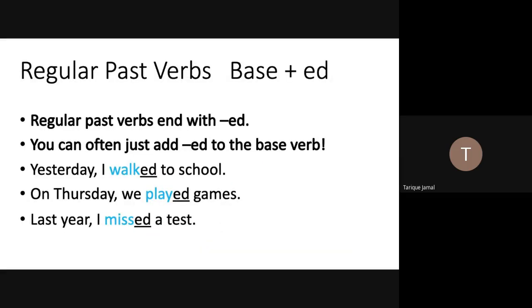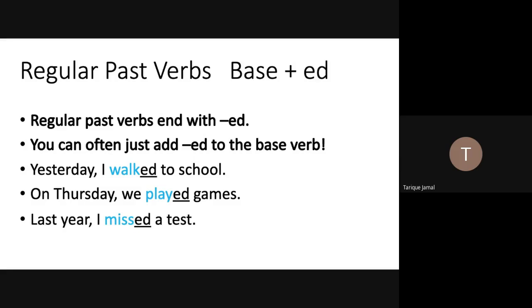Let's move on. So regular past verbs, again, base plus ed. Remember, the base verb means there's nothing added there, okay? It's just a regular base verb. And then we can add ed to make it past, right? So regular past verbs end with ed. You can often just add ed to the base verb, all right?